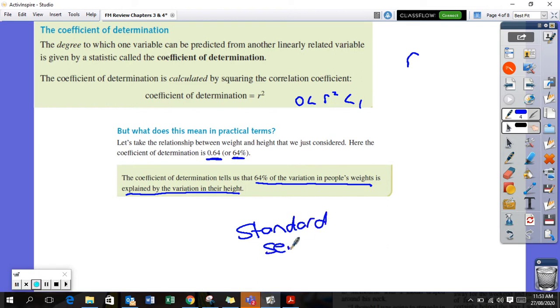If you have to explain correlation, a coefficient of determination, anywhere at all, that is a standard sentence that you use. You change that number, you change the variables, but that's all. So 64% of the variation in people's weights is explained by the variation in their height. It's telling us how good that relationship is.